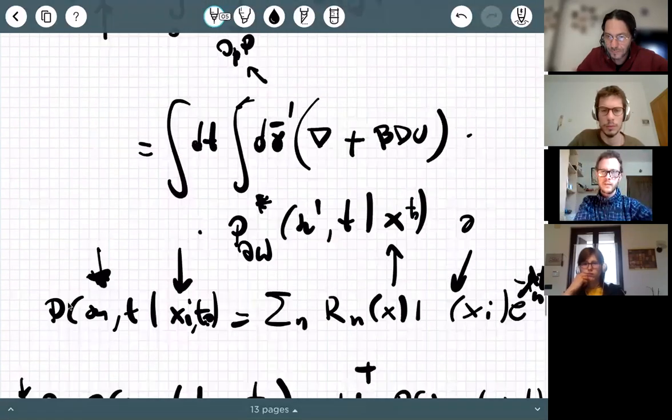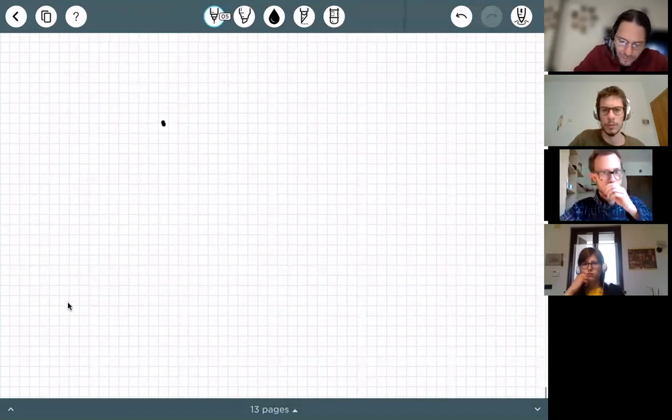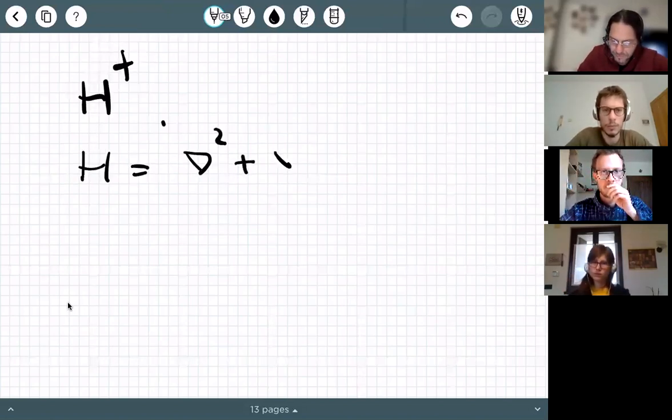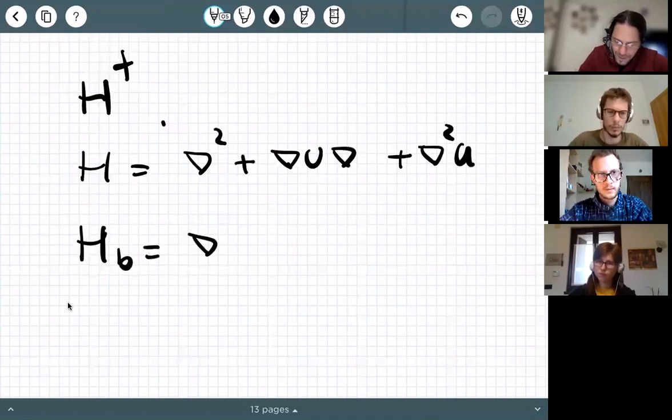Okay. Okay. So let's compute their Hermitian conjugate. So we all agree that H is this operator, right? And we all agree that H_B is this operator.